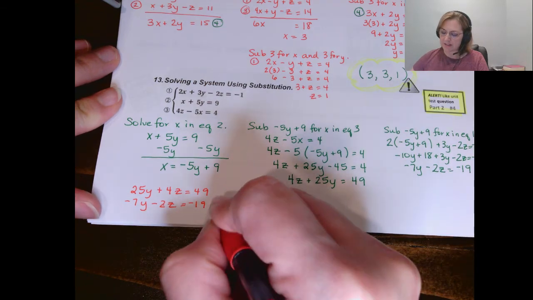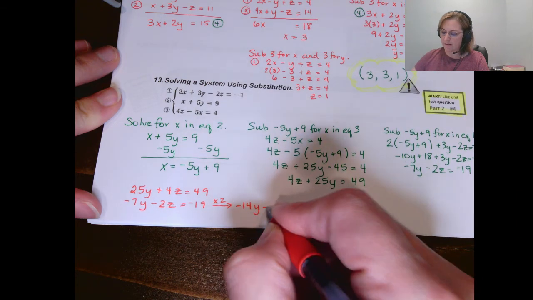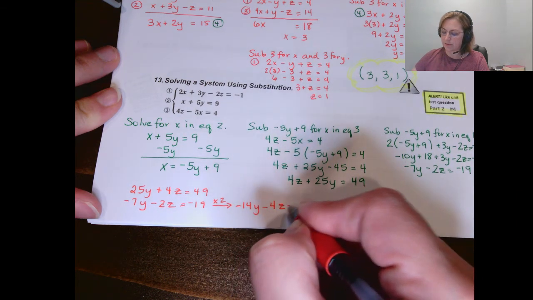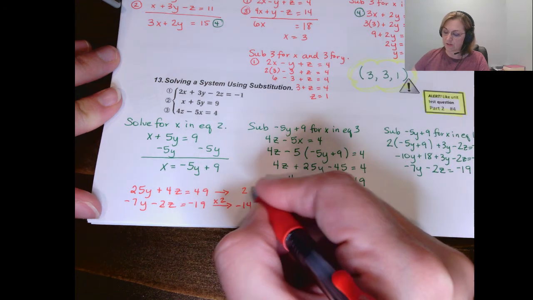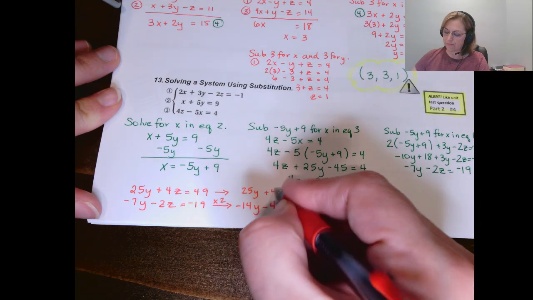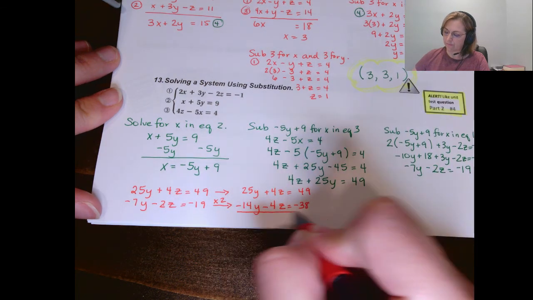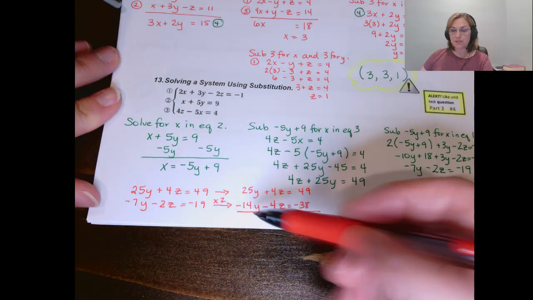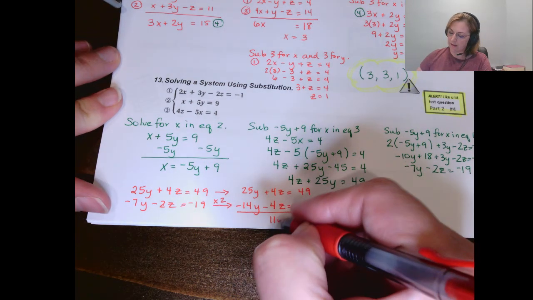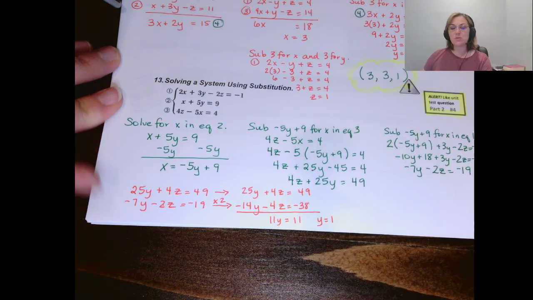So I'm going to multiply this second equation by 2. It gives me negative 14y minus 4z equals negative 38. I'm going to leave this first equation alone. And watch those z's eliminate. So 25y minus 14y is 11y equals 11. So I know that y is 1.